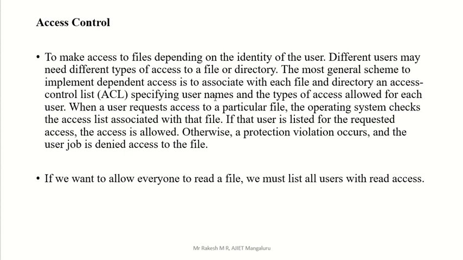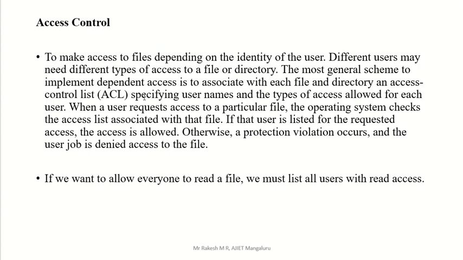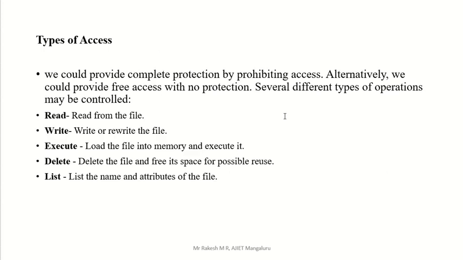An ACL contains usernames and the type of access allowed for each user. This is your main point in access control. We are going to create one ACL, that is an access control list, and inside that list we have usernames and the type of access given. What does type of access mean? We saw in the previous slide: read, write, execute, delete, list.